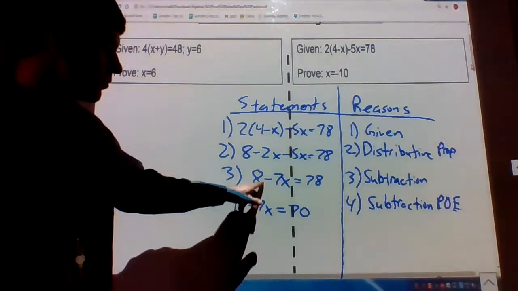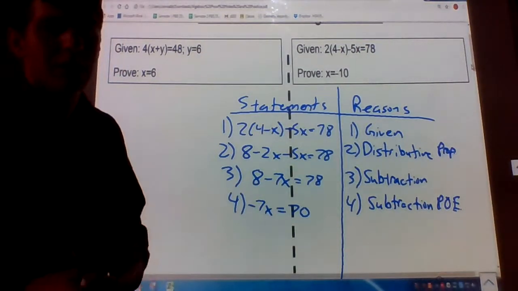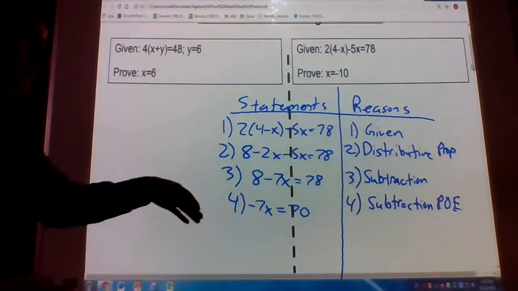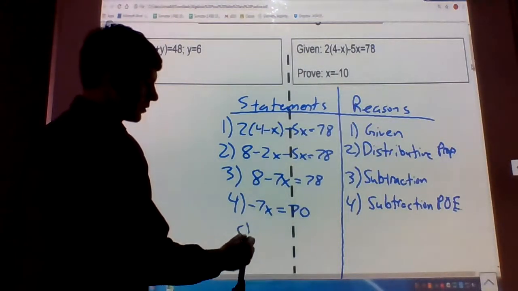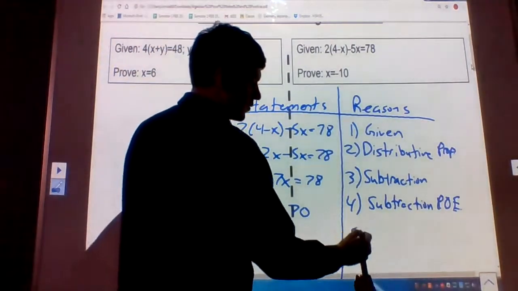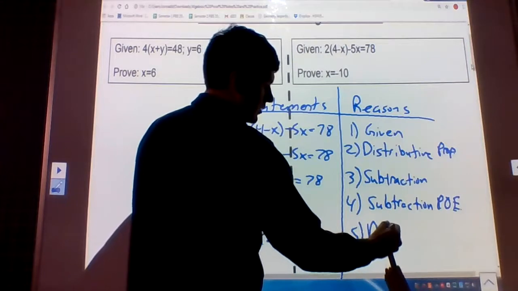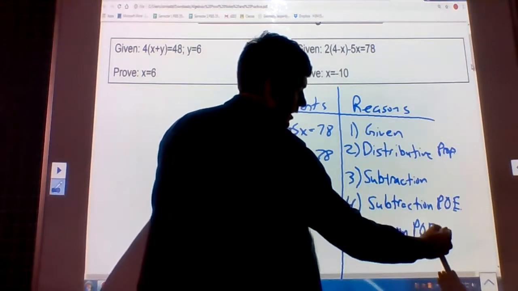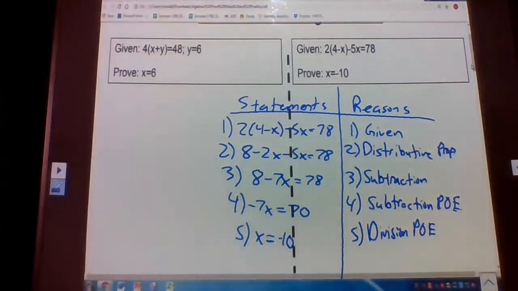Here we're subtracting from both sides, so we're going to call it the subtraction property of equality because you're subtracting from both sides. Okay, then we're going to divide by negative 7 on both sides, so we're going to get x equals negative 10. Okay, and the reason for this is division property of equality. If we divide on one side, we have to divide by the same thing on the other side.